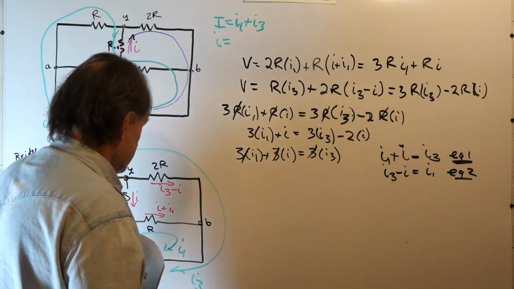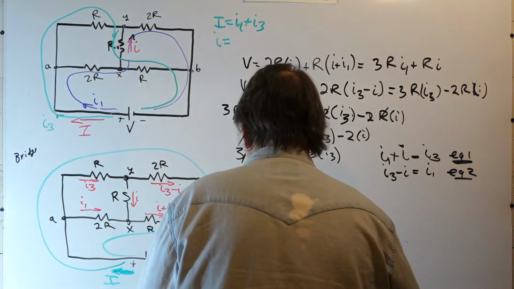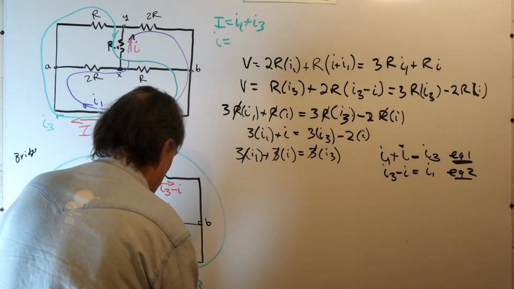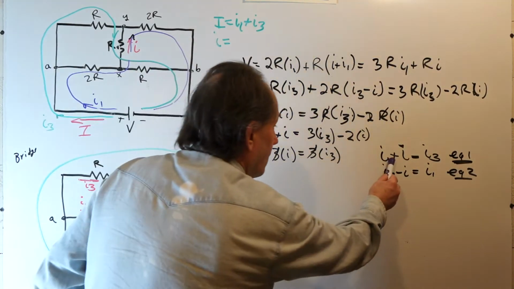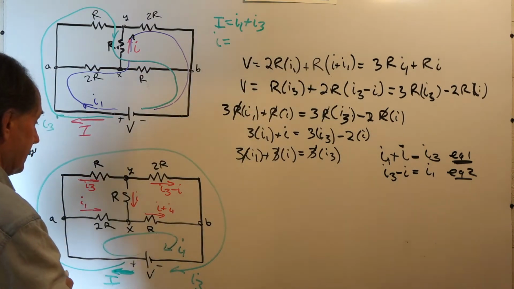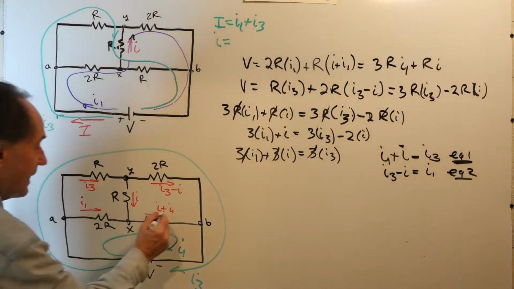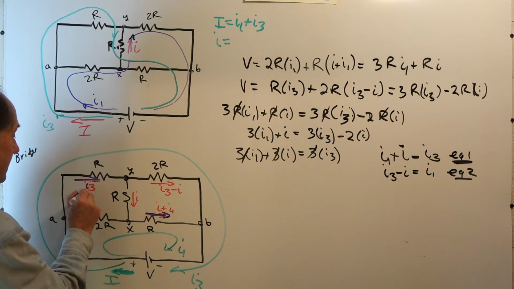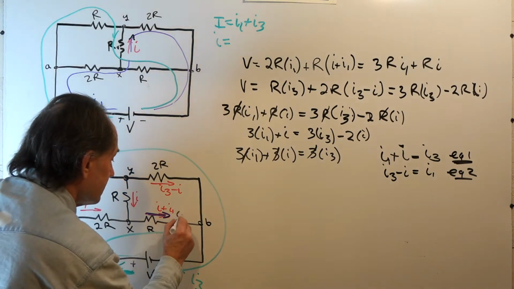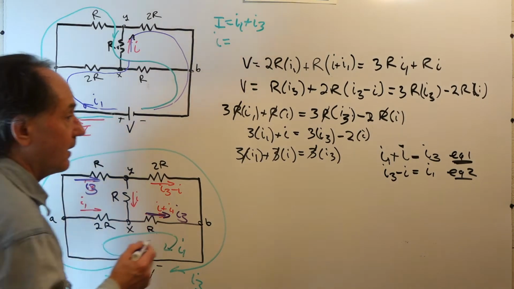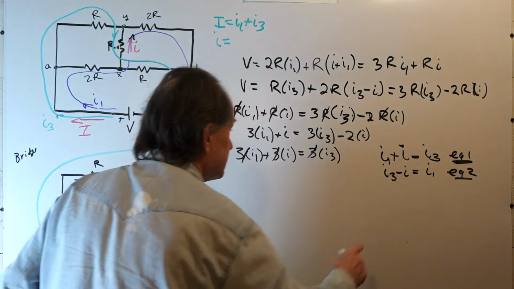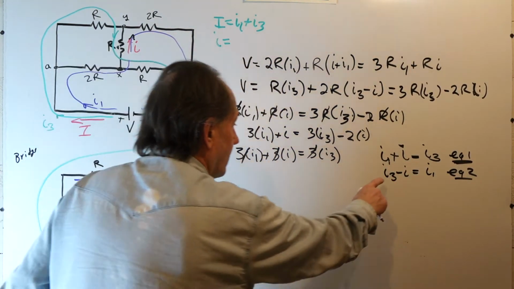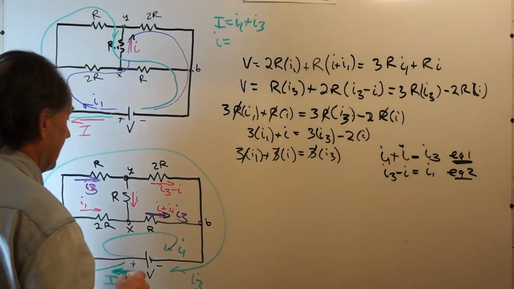Now what this tells us is that we have symmetry in the network. I1 plus I is equal to I3. I1 plus I is this current, and this is equal to I3. We have I3 here, so this is I3. Also, I3 minus I is equal to I1.